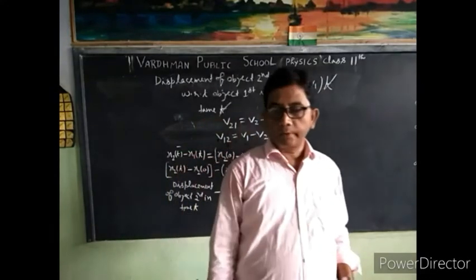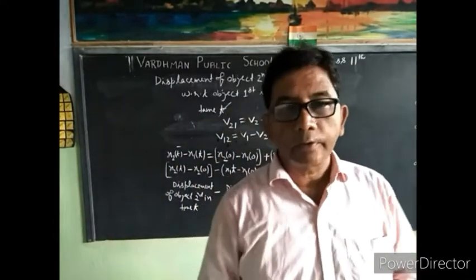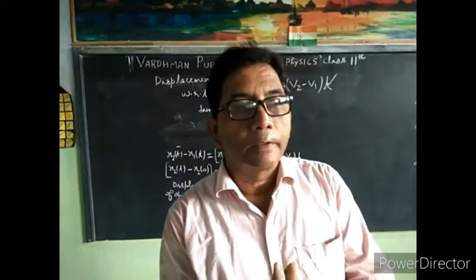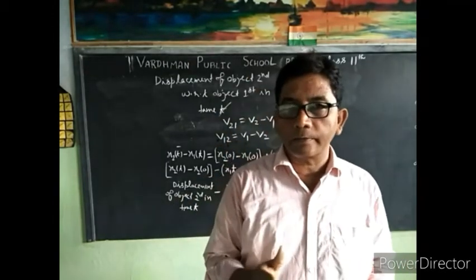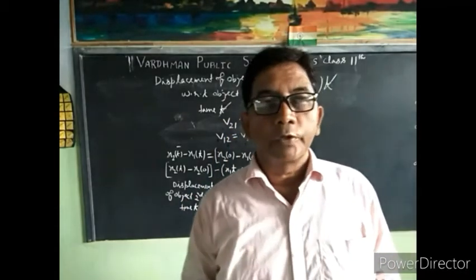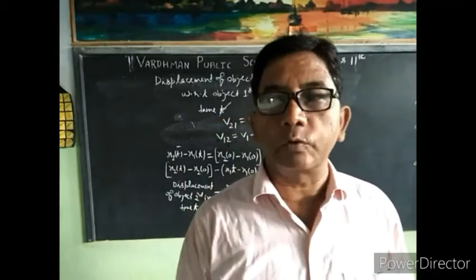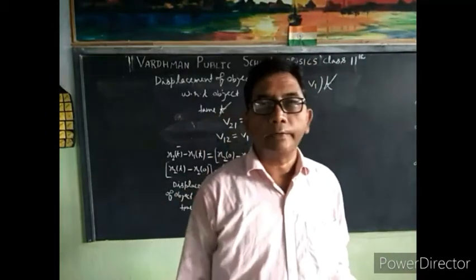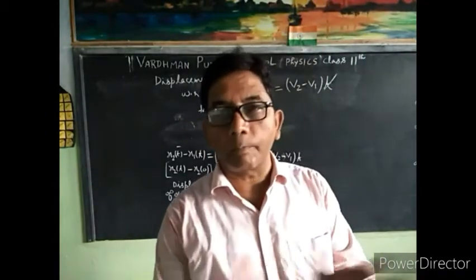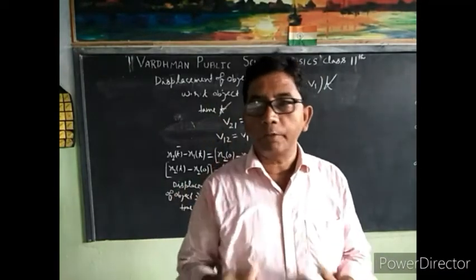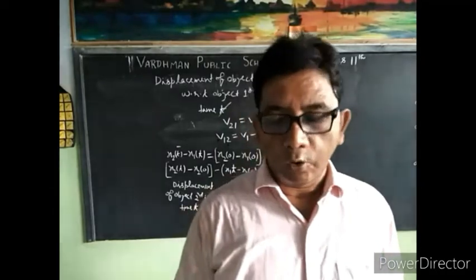Thus, we note that when two objects are moving in the same direction, their relative velocity becomes v1 minus v2 when their velocities are v1 and v2. And when two objects are moving in opposite directions, their relative velocity becomes v1 plus v2.